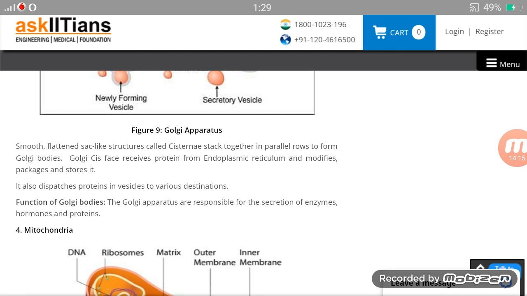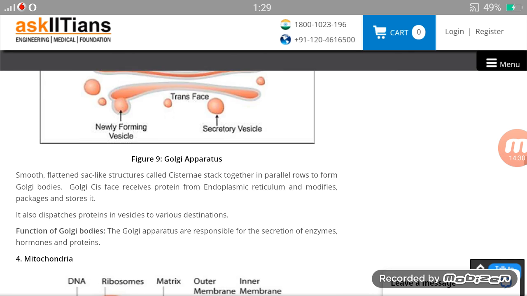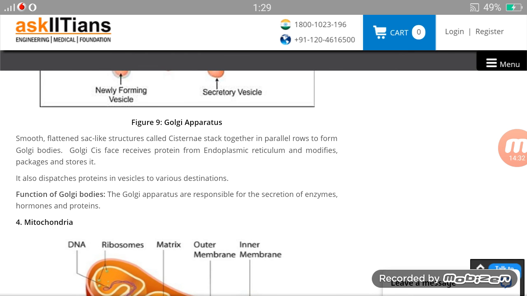So the Golgi cis face receives protein from the ER, meaning endoplasmic reticulum. It receives, modifies, packages and stores it. So I hope this will be clear to you. As the ER possesses ribosomes, that's why the Golgi is receiving protein from there and modifies, packages and stores it.